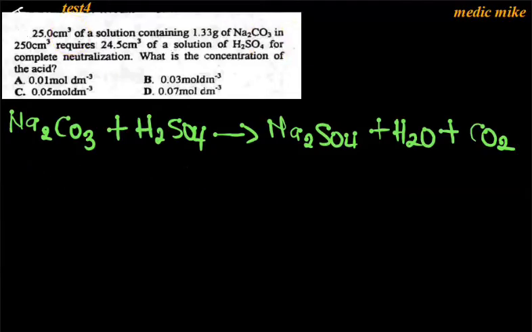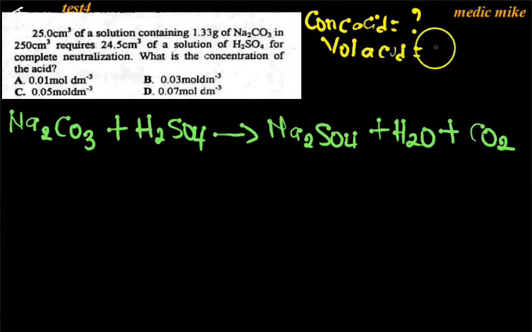So now we are going to be writing our parameters out over here. The concentration of our acid, H2SO4, is what we are looking for. We don't have that yet. But we have the volume of the acid to be 24.5 cm³, and when we divide by 1000, because we are working with cm³, it will give us 0.0245 dm³.